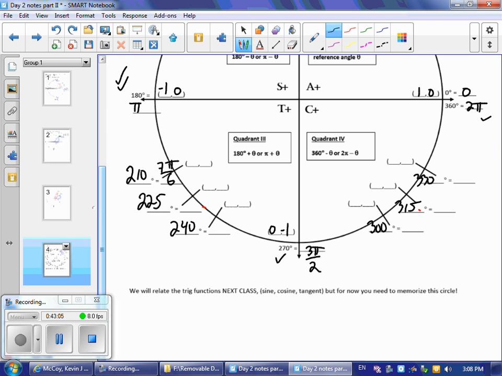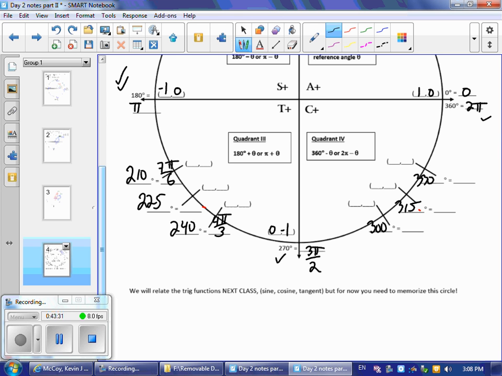The next one would be 8 pi over 6, but 8/6 reduces to 4/3, so it's 4 pi thirds. The next one would be 9 pi over 6, which reduces to 3/2. That's at the very bottom.